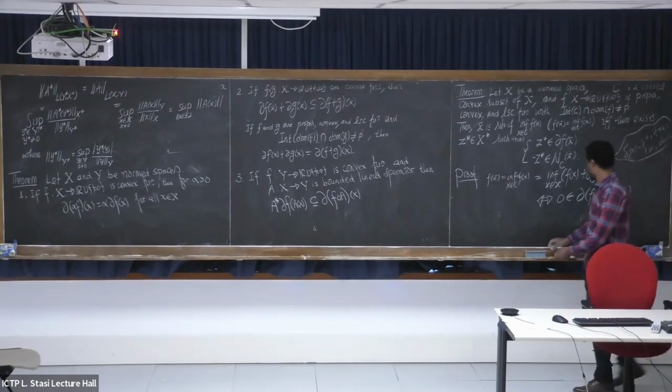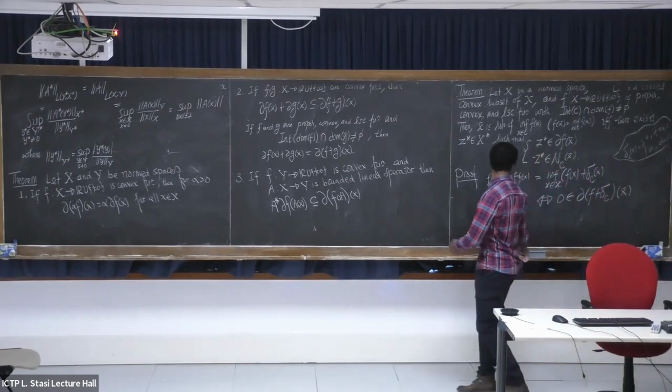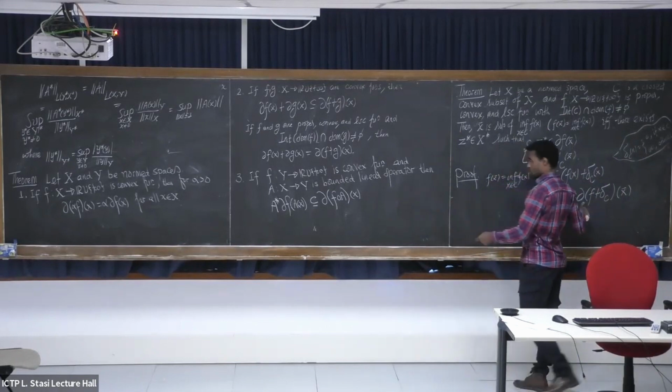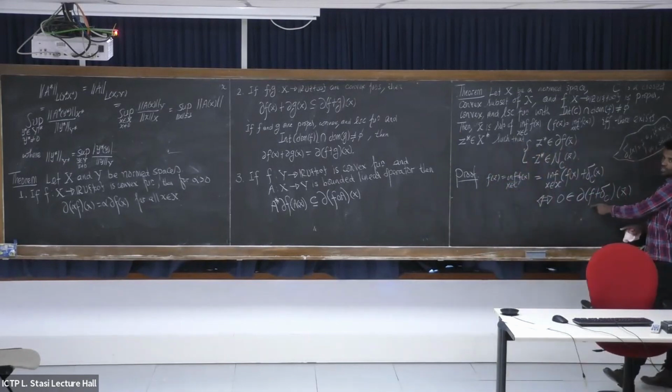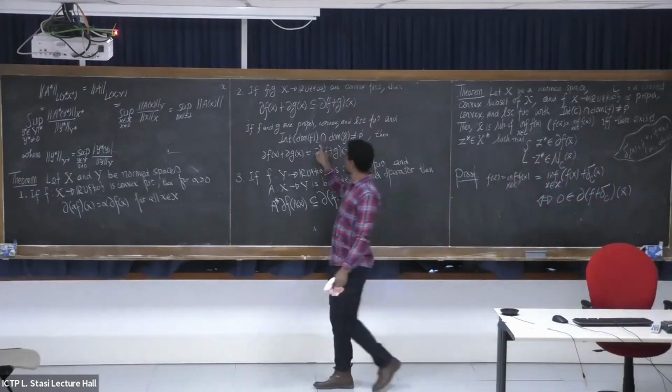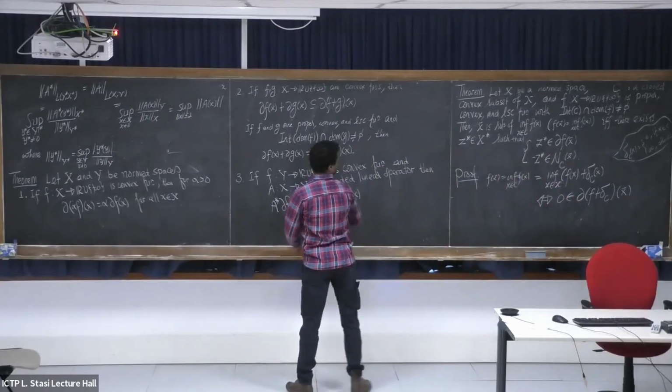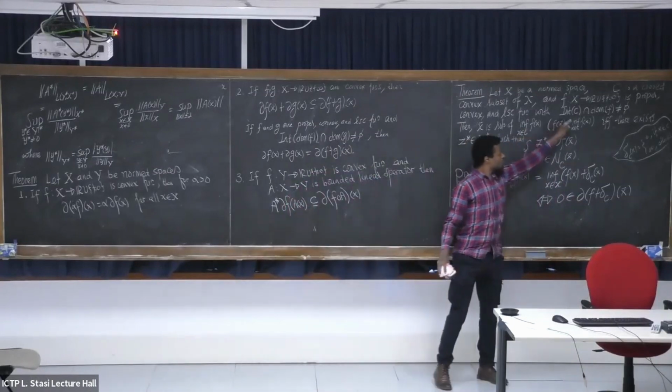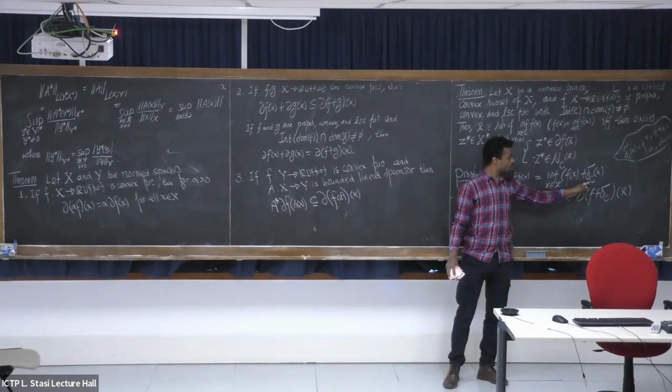This is equal to the subdifferential of f at x bar plus the subdifferential of the indicator function at x bar, because of this condition. The domain of the indicator function is C.